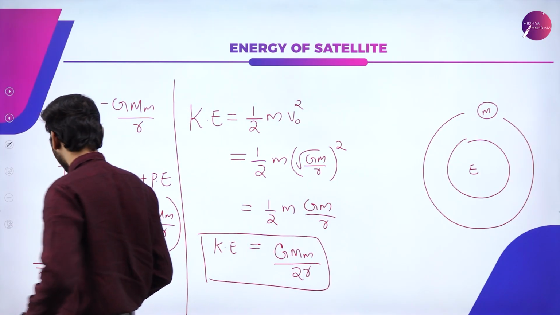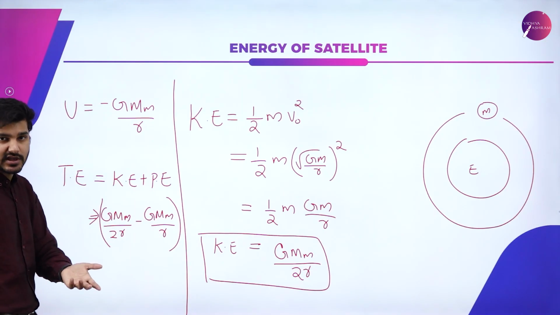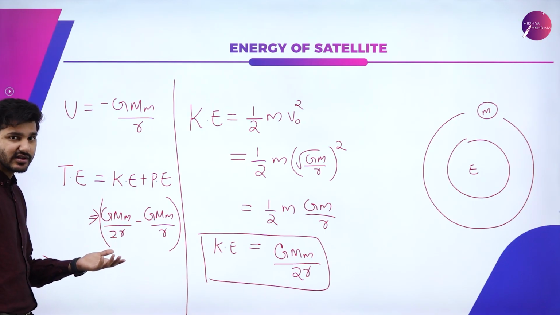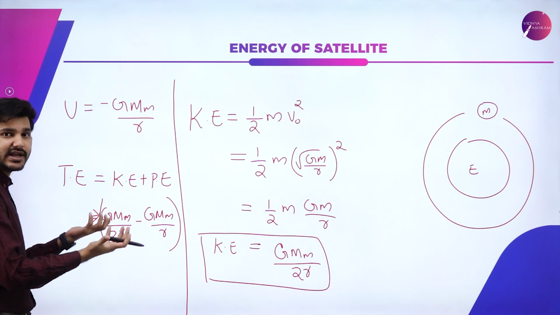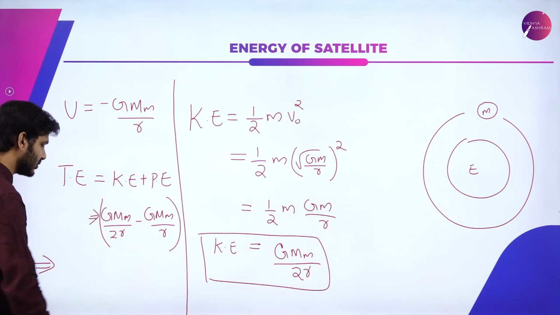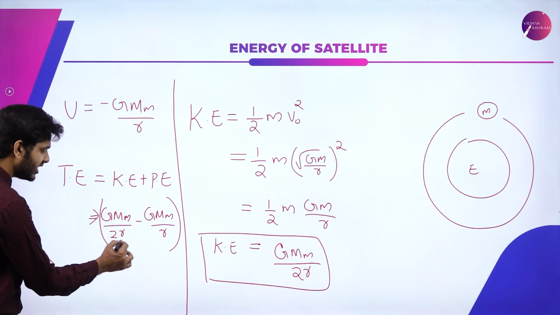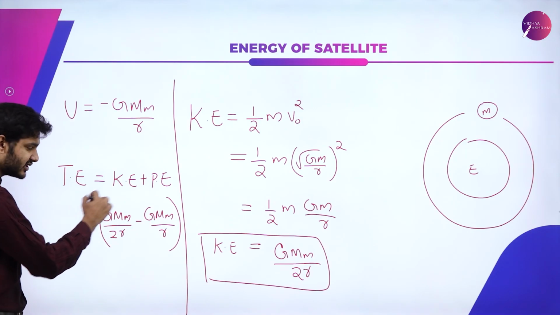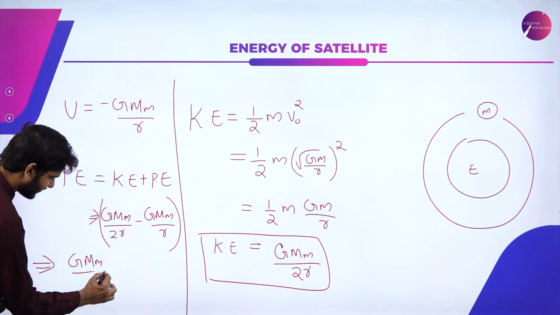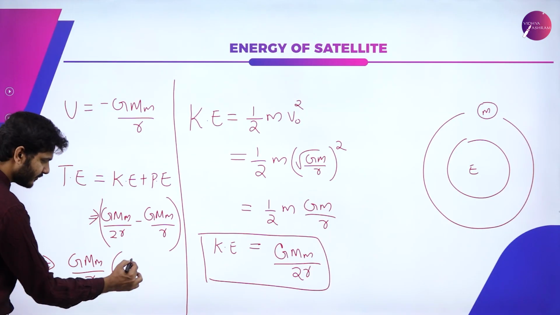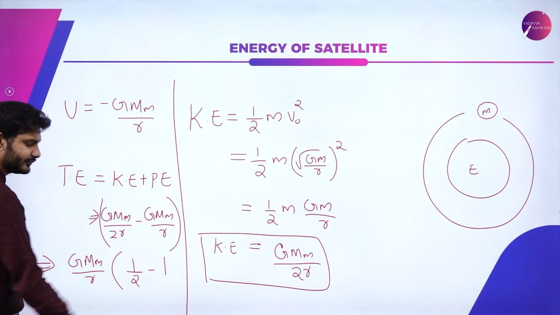So again, here I can say GMm by 2r minus GMm by r, how much will it be? If you have half of something and you subtract one more from that, you will get negative half, right? Or else I can simply take GMm by r outside of this bracket, then it is GMm divided by r into 1 by 2 minus 1.